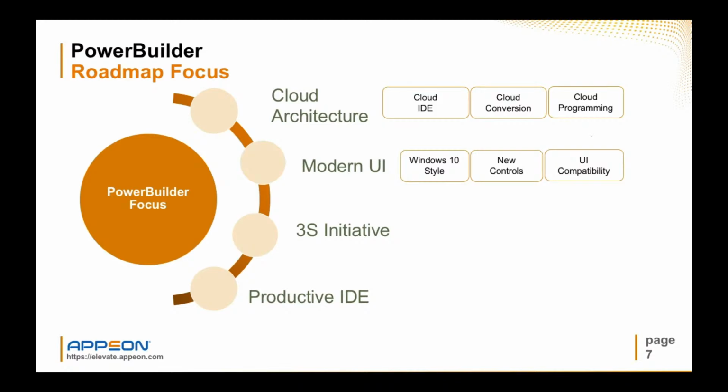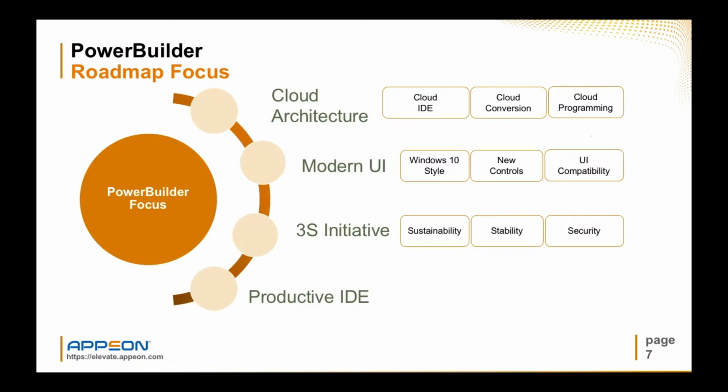Modern UI. To modernize the UI of PowerBuilder applications, we need them to blend seamlessly with the UI/UX of other Windows 10 apps, provide more new UI controls, and make the UI more compatible, for example, with high-resolution monitors and UI automation tools. 3S initiative.